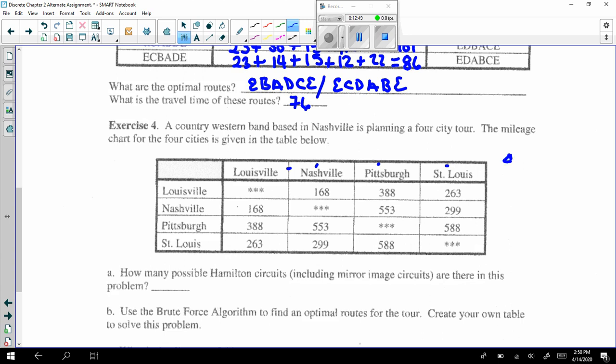So that's 4 minus 1 factorial, which is again 3 times 2 times 1, which is 6. So in order to use the brute force algorithm to find an optimal route for the tour, we're going to create our own table to solve the problem.